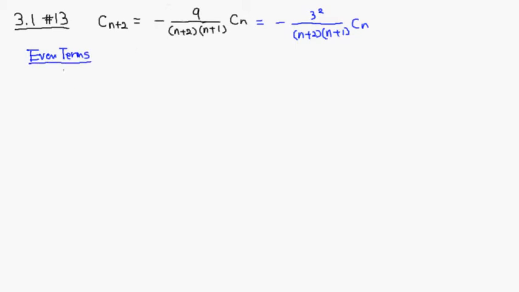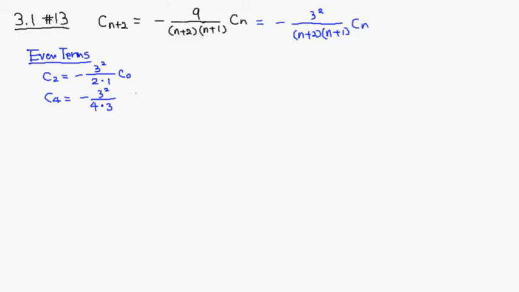All right. So let's look at C2. C2 is going to be negative 3 squared over 2 times 1 times C0, since n in this case is 0. Then how about C4? C4 is negative 3 squared over 4 times 3 times C2.